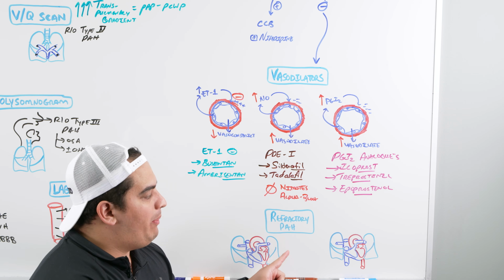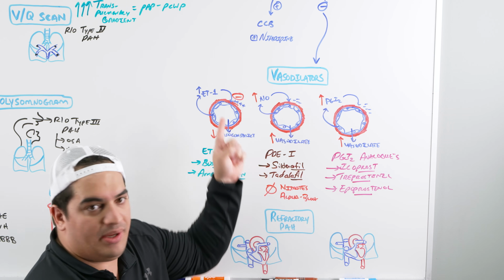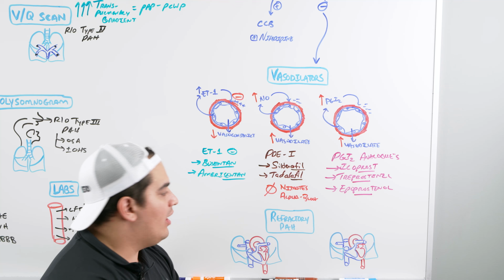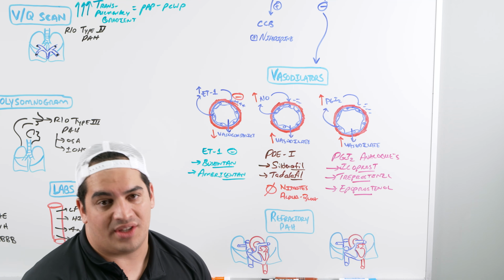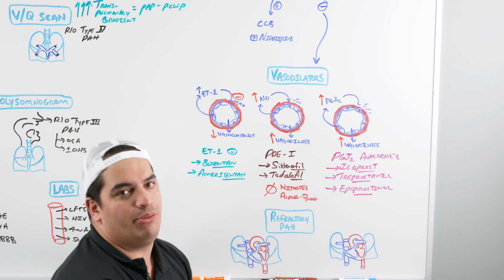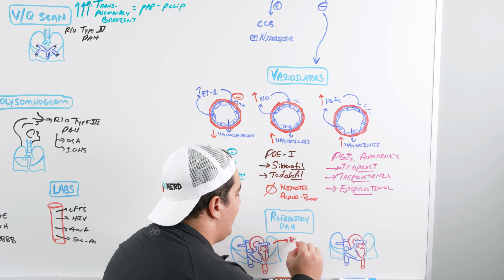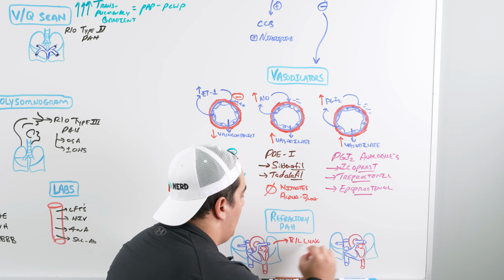The last thing here is if the patient is on all of these therapies or they've received one of these therapies and they failed, then the last option here, especially if they're getting worse and worse and worse, is super, super sad. But we may have to do what's called a bilateral lung and heart transplant.